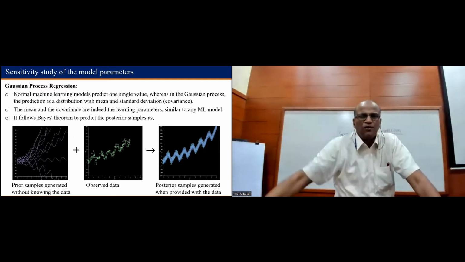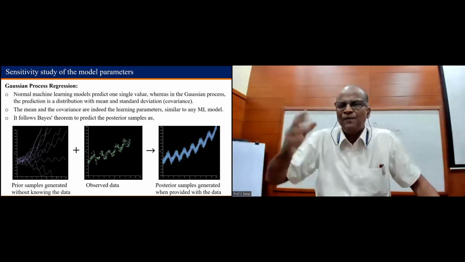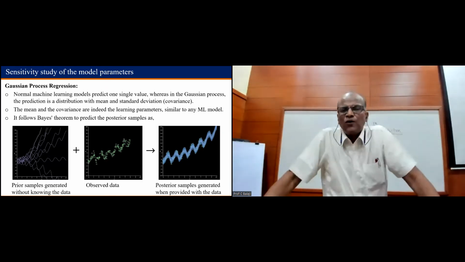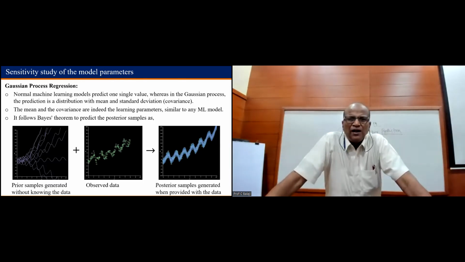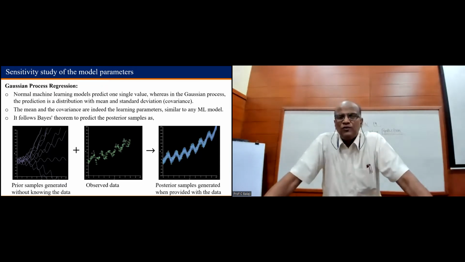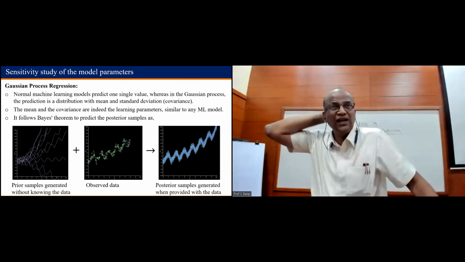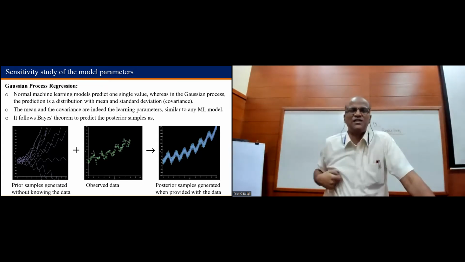You can take an ensemble of 7 or 8, which is the prior sample generated. The data is given in green, and after that you have a nice model. This Gaussian process regression is basically multivariate, and the nearest equivalent is possibly, for example, Kriging, which is used in many fields, though some people don't believe in it. The Gaussian process regression is based on that.